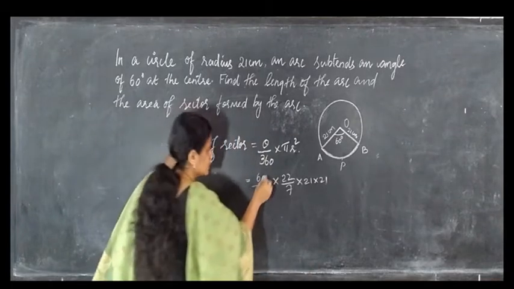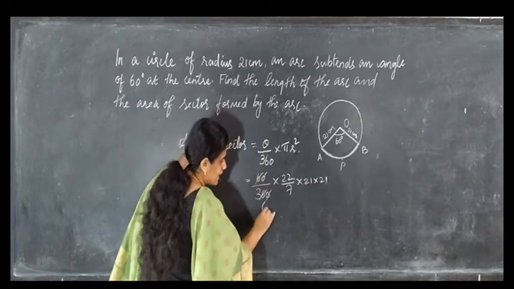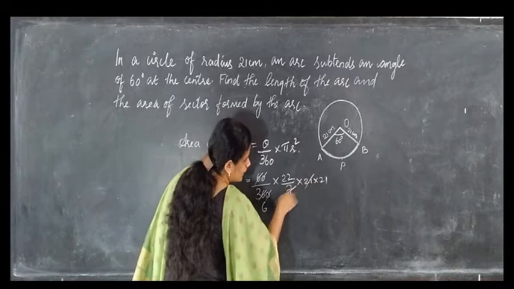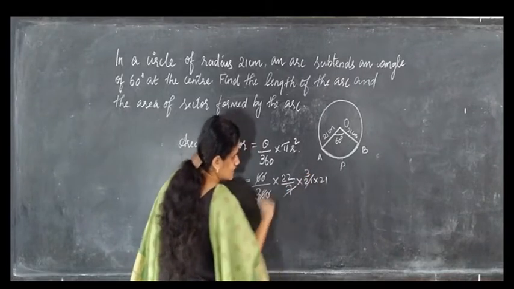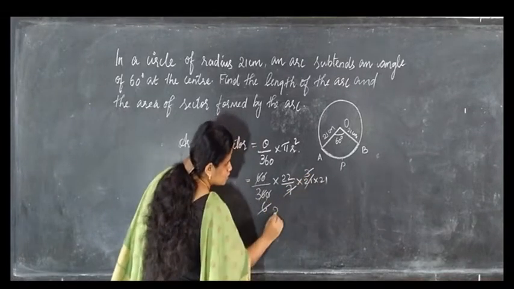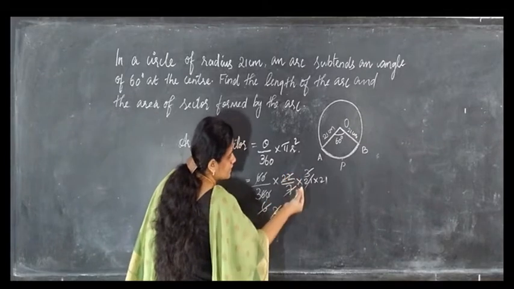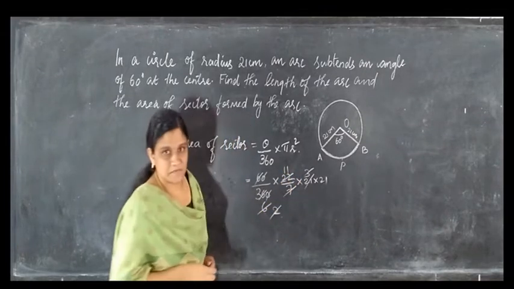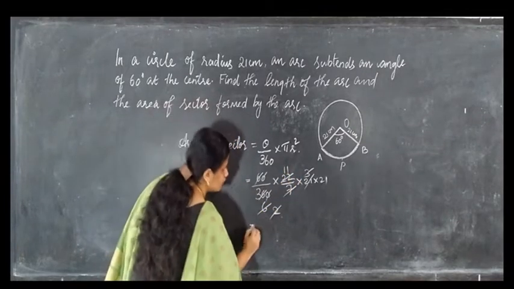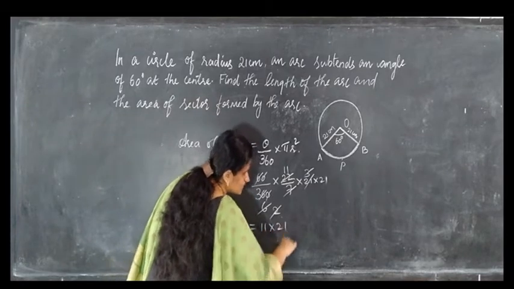So here 6 times, 21 and 7, 3 times, 6 and 3, 2 times, 2 and 22, 11 times. So now we have 11 into 21. Here the answer is equal to 231 centimeters square.